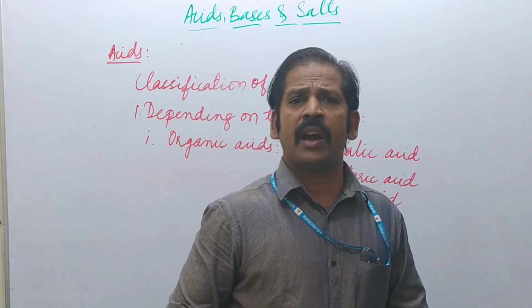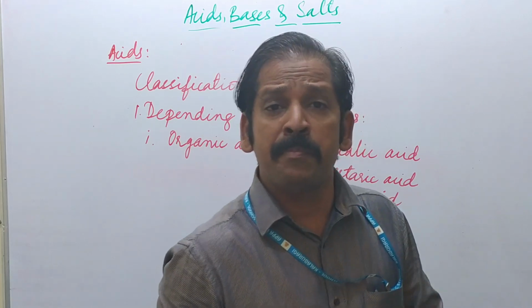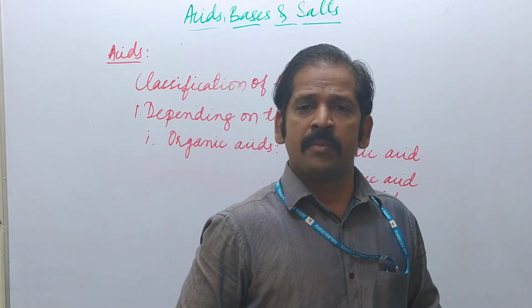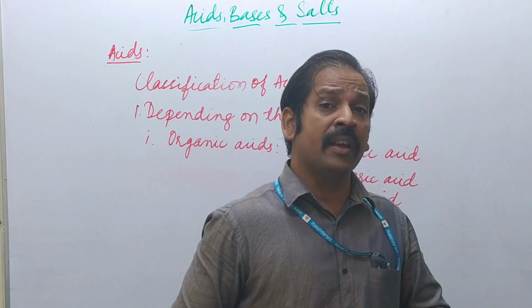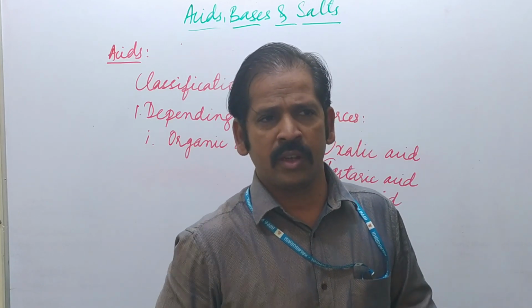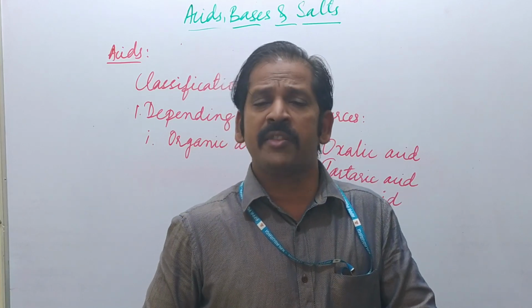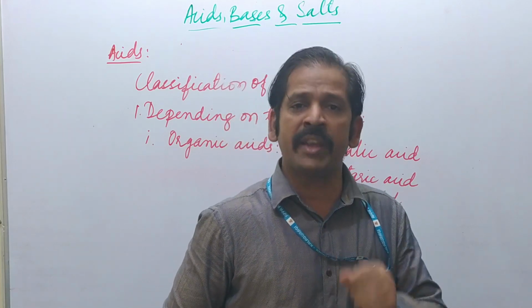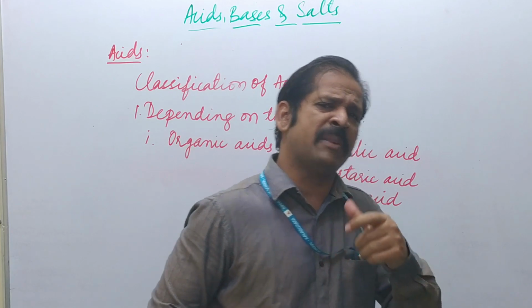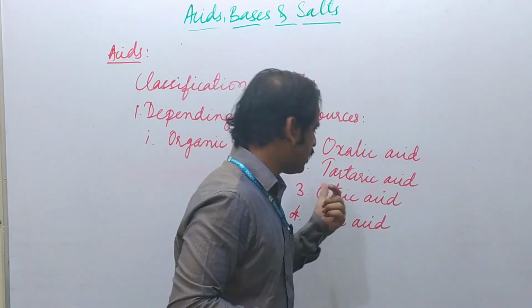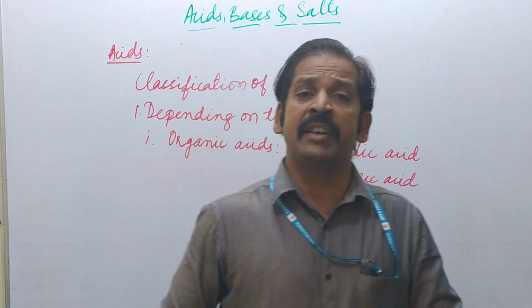Apart from that, we have the chemical called methanoic acid, but it is available from an animal source. It is present in the sting of bees and in ants. We'll discuss methanoic acid later on. Even acetic acid is there.